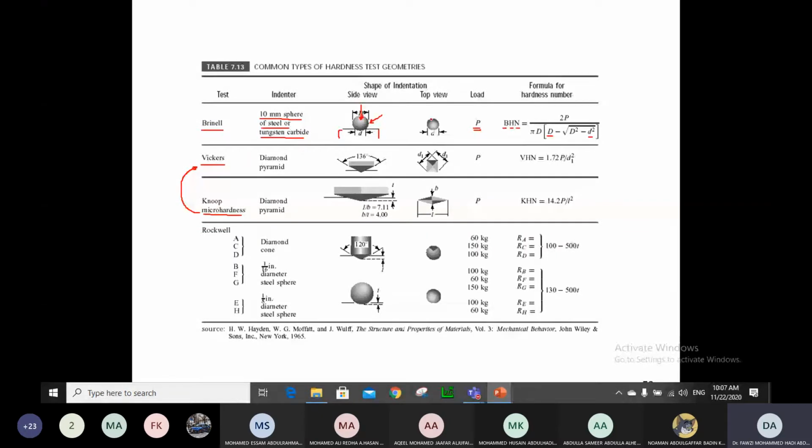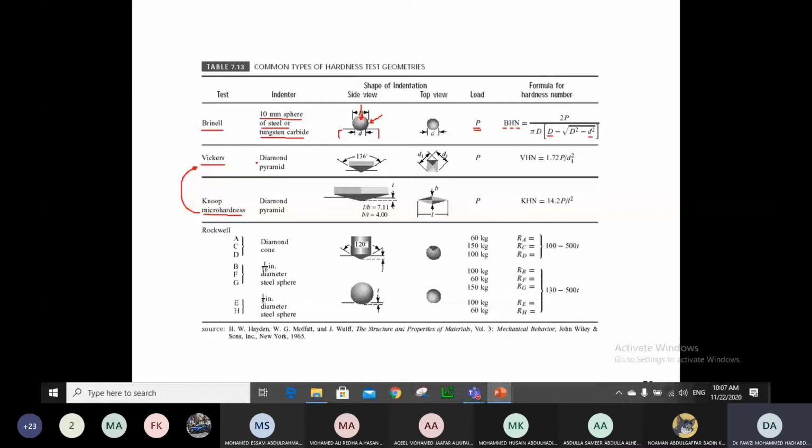Also the indenter is small, to cause very small indentations, and the force used is much smaller compared to the Brinell or the Rockwell hardness test, and that's why these are referred to as micro hardness tests.